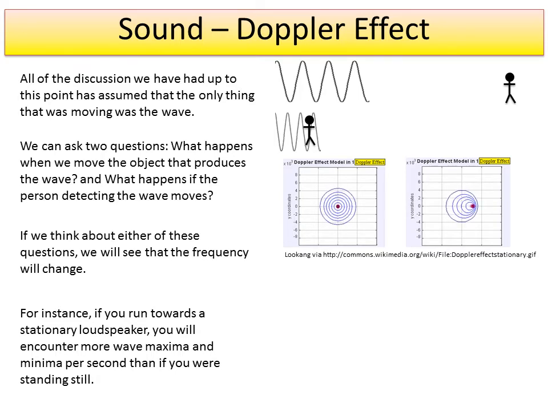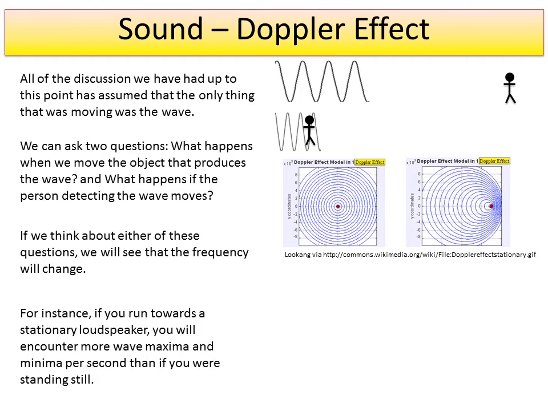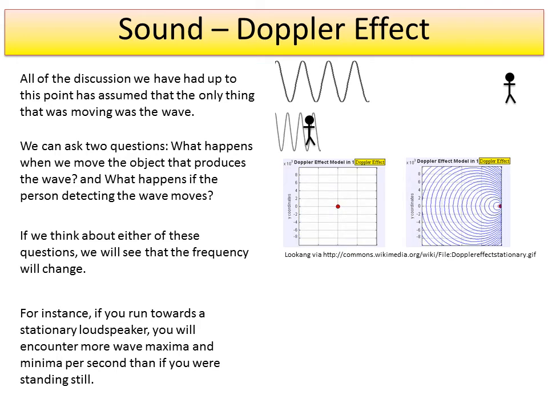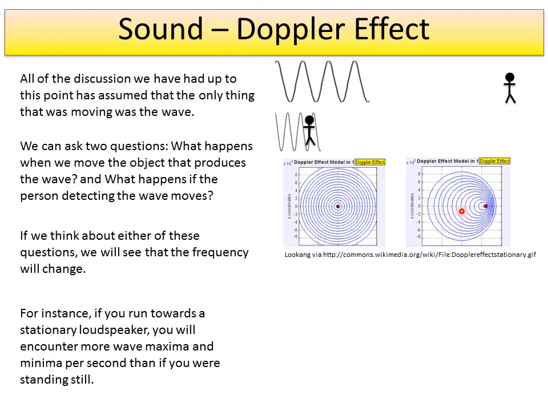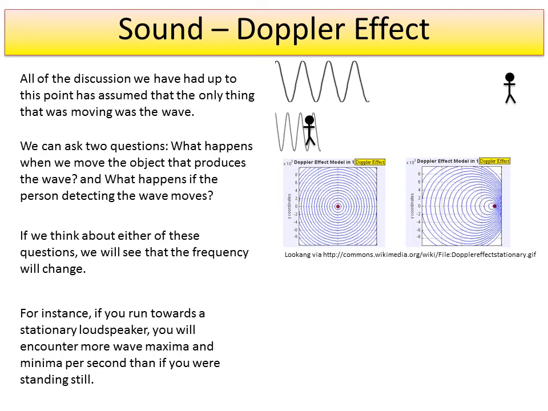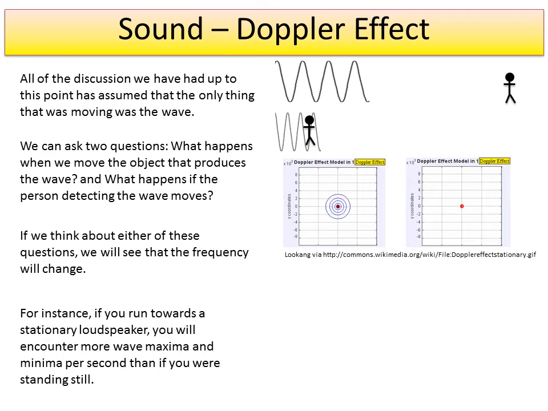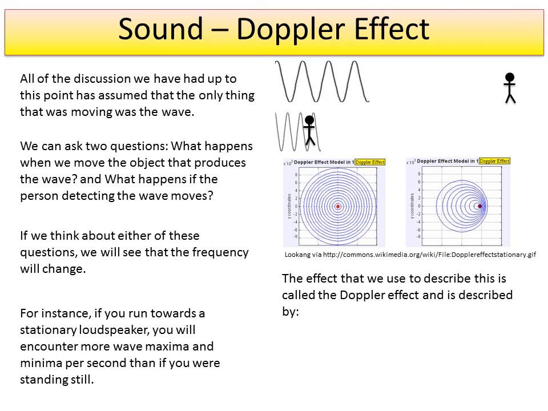Imagine our speaker compressing the air. If we're moving that speaker as it's trying to compress the sound, then the compressions at the front side are going to be closer together, and the compressions at the back, from one compression to the next, are going to be further apart. So we're going to change the frequency in both ways.